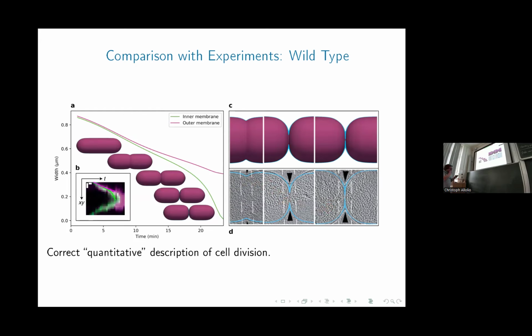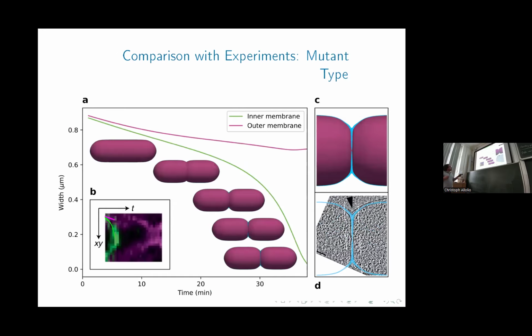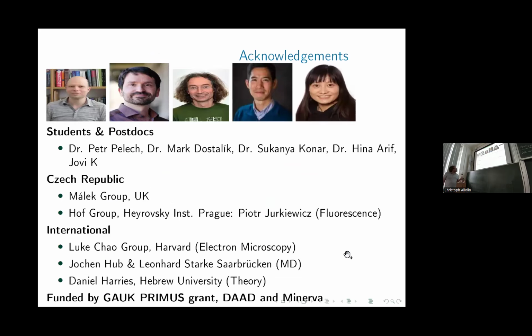And what is even better is that because we have only about 1.5 free parameters, we can adjust it and even model the mutants. If we just change the remodeling rate, we obtain the mutants as well. And that's basically all. If you want to read about it, it's all published, at least in the form of a preprint now.